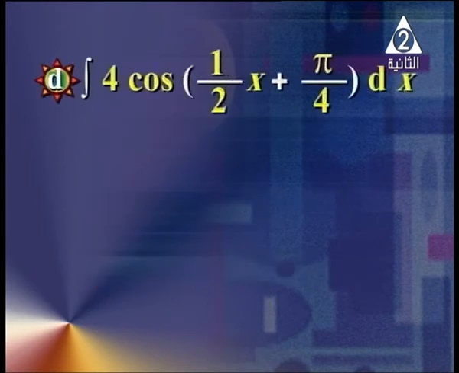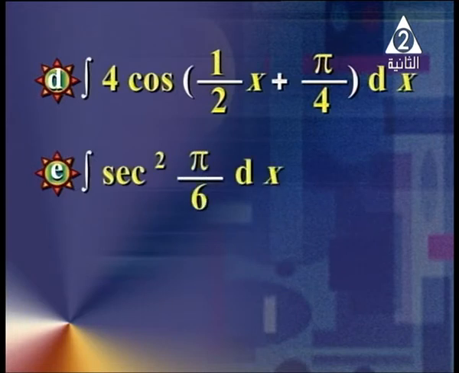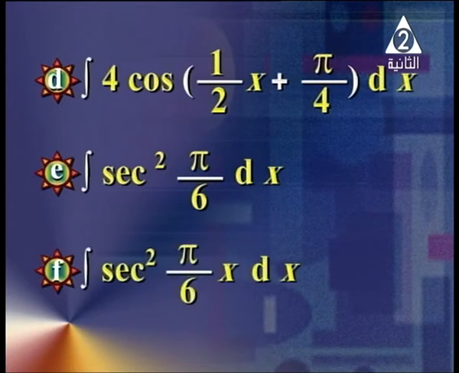Number D, the integration of 4 cosine of the bracket half x plus pi over 4, dx. Number E, find the integration of sec squared pi over 6 dx. Number F, the integration of 6 sec squared pi over 6 x dx.